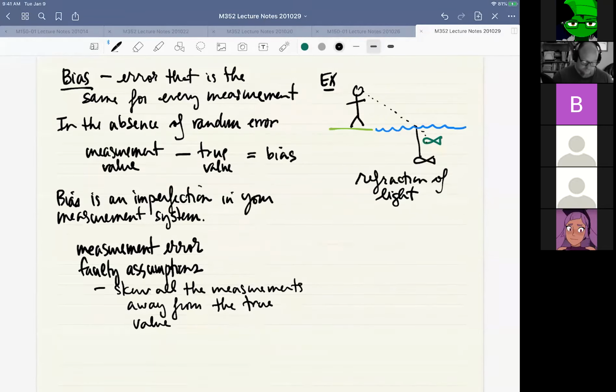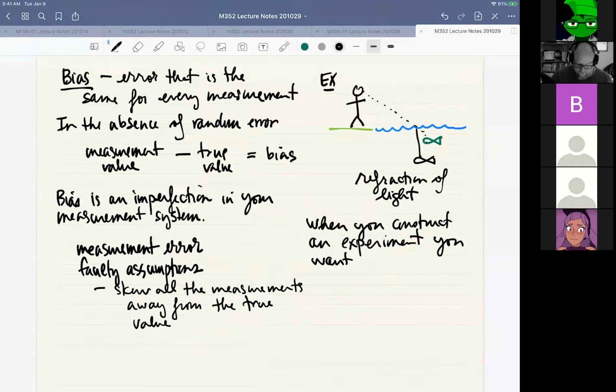So I talk about all these things because when you construct an experiment, when you design an experiment to gather data, you want to minimize this kind of bias.